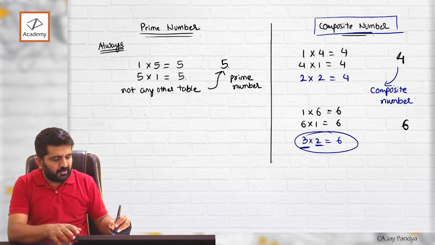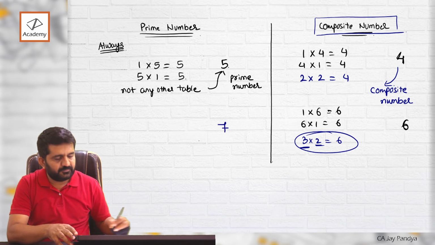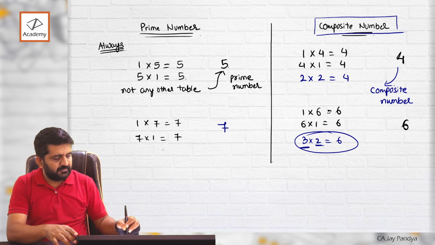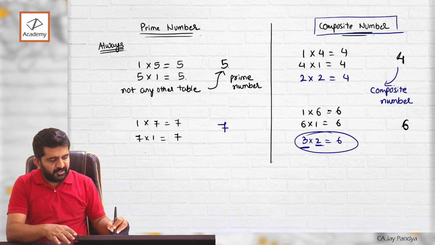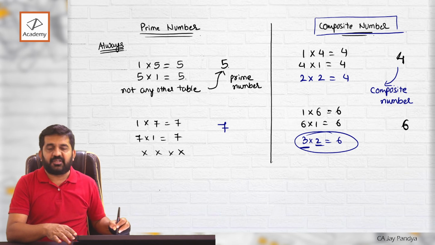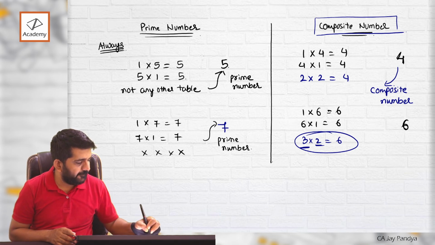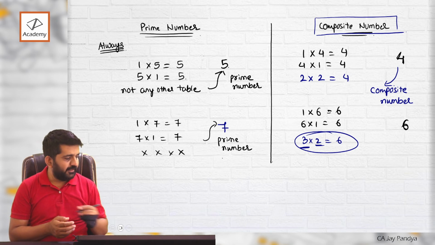If it is not coming, 7 comes in the table of 1, and 7 comes in the table of 7. It does not come in any other table. 7 is a prime number, right.